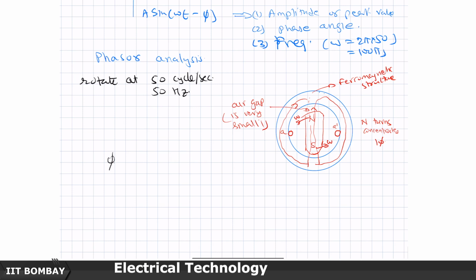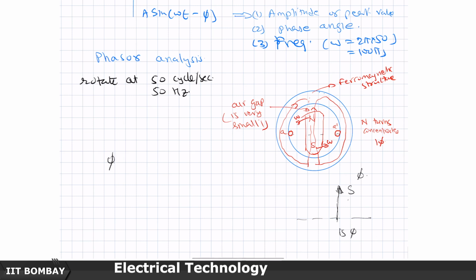So, let us say that this A, right now the direction of the coil S and the direction of the flux B, the direction of the flux phi which is created right now is 0 degree.